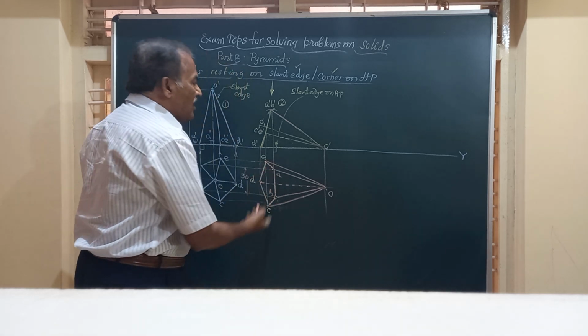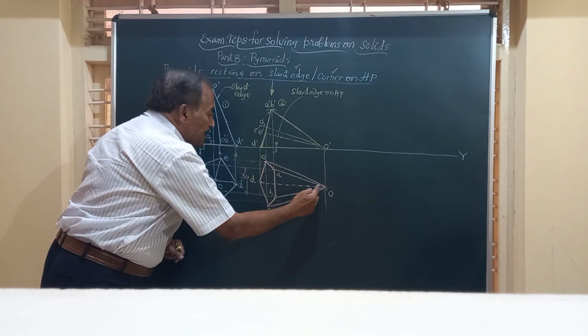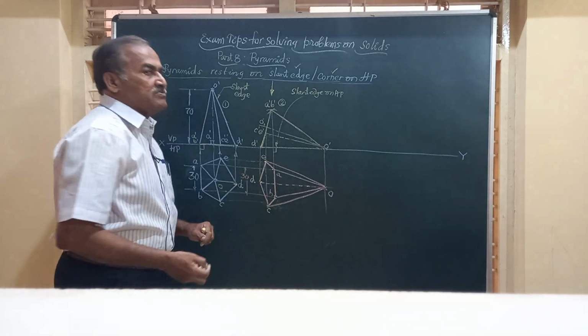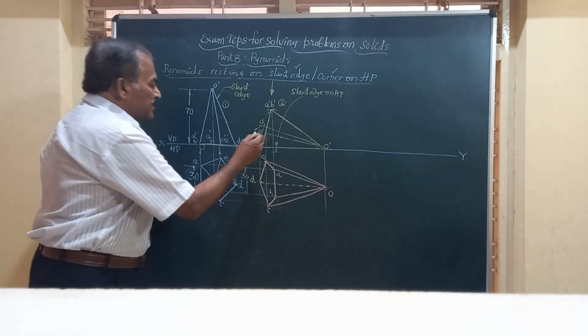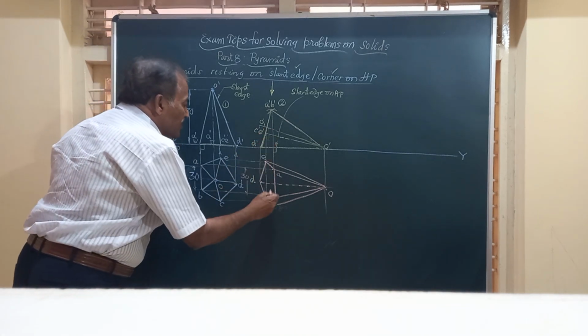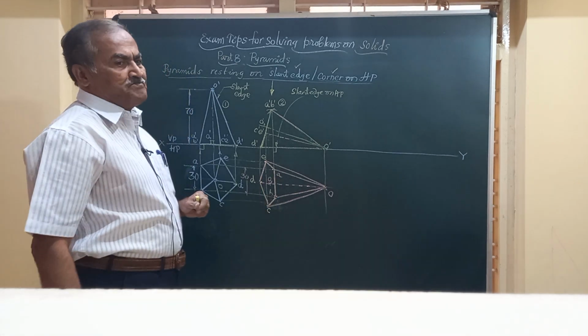And also it is very obvious, since AB is visible, the intersecting line OD is not visible. So if this is full line, that has to be dotted, and friends, you will get somewhere here closer to this, the point O1 of the base.